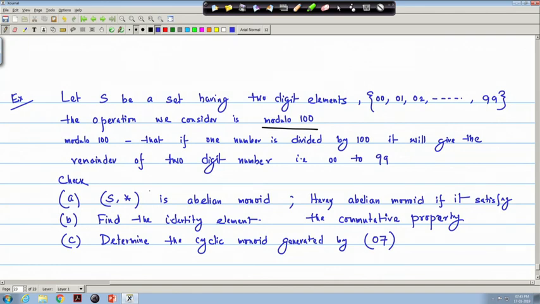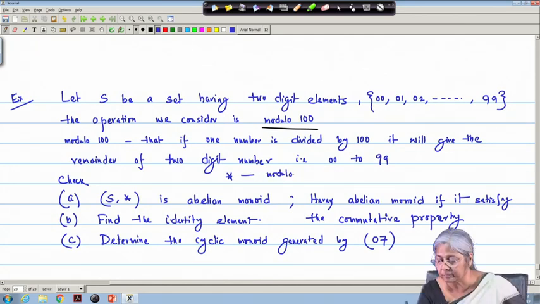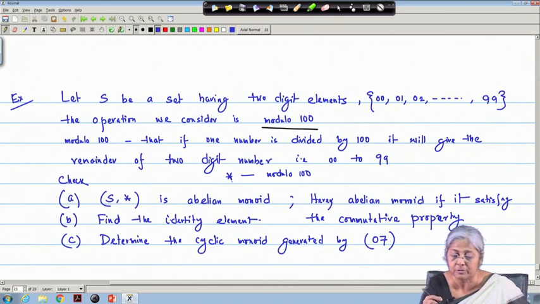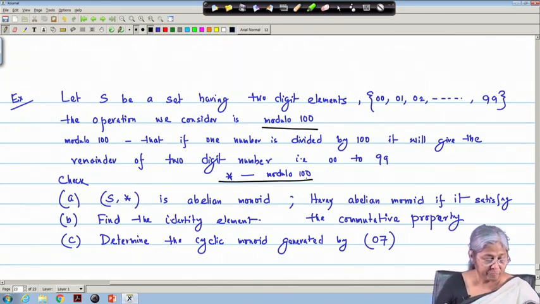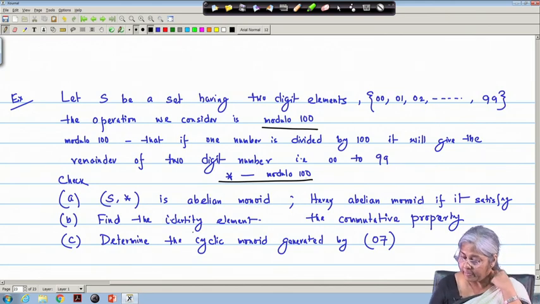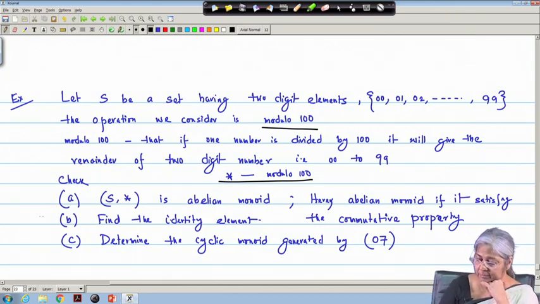With this example we see some more properties of the monoid. Here the star is the operation of modulo 100 for this example. Okay. So first we see what the identity element is.